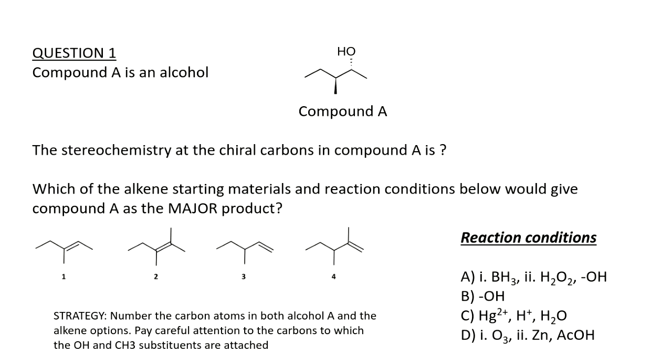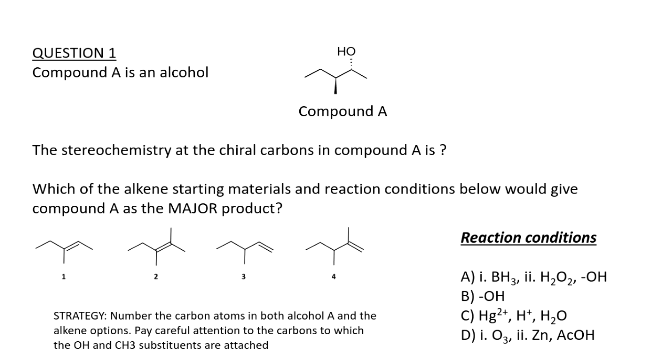So you're given an alcohol compound A, and you're asked to determine the stereochemistry of the chiral carbons in compound A. And you're also given a set of alkenes and reaction conditions, and you're asked to figure out which alkene and which reaction conditions will give us the compound A shown.